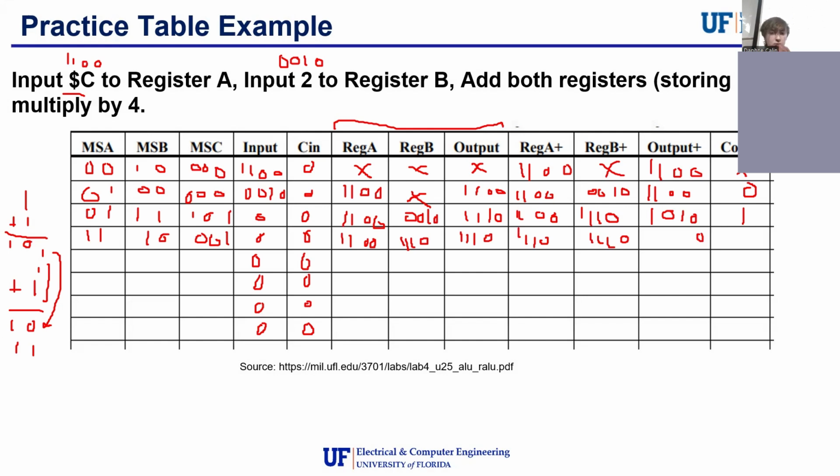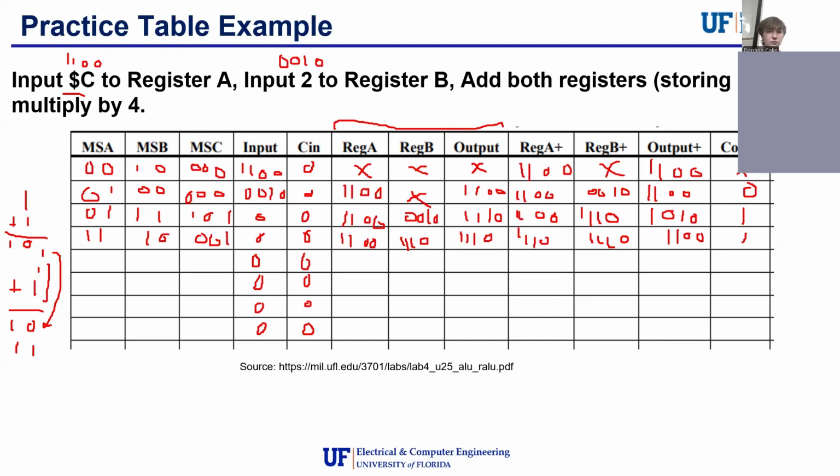Bit 1, if we add a 1 and a 1, which is going to be a 0 with a carry. Then we have 3 1s in bit 2, so it's going to be a 1 with a carry. And then if we look at it again, we have 3 1s in bit 3, which means we'll have a 1, and then our carry out will be a 1.